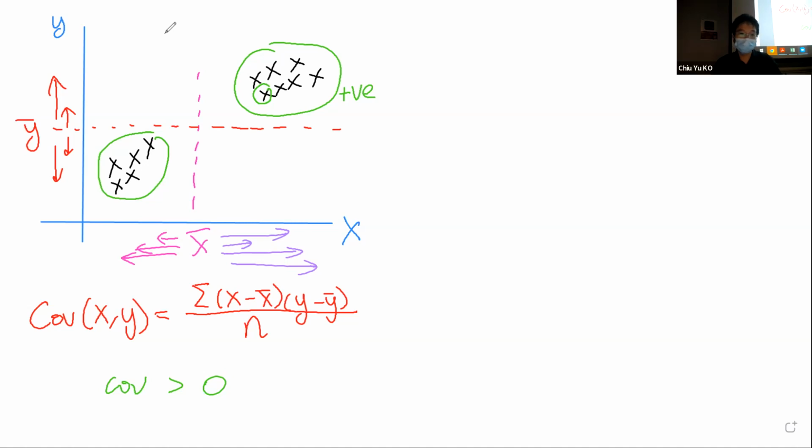So let's see the example of negative. Do we expect the same? If that fits, then it is a good measure of what we want. But actually, you can imagine what will be happening. Say the data is like this.